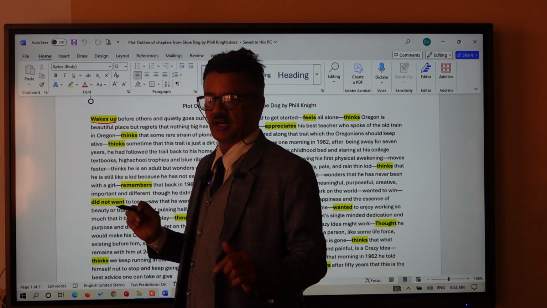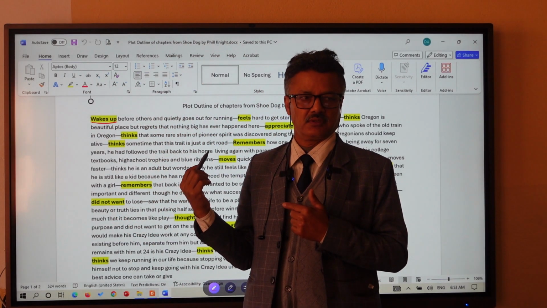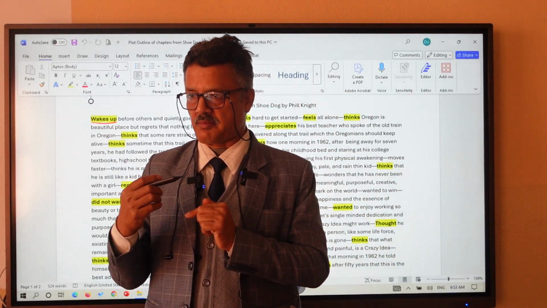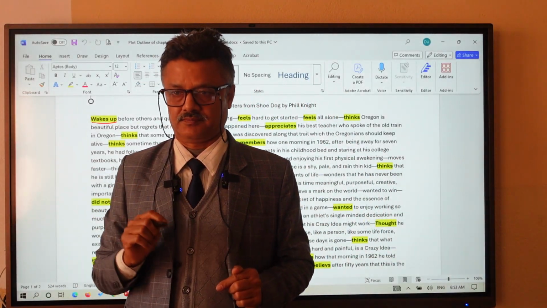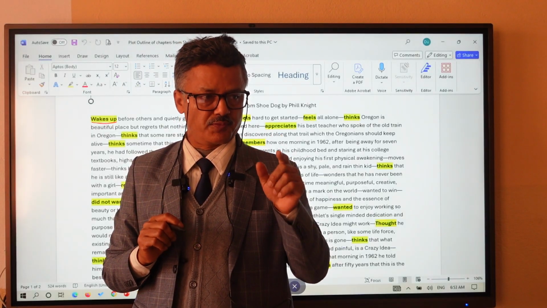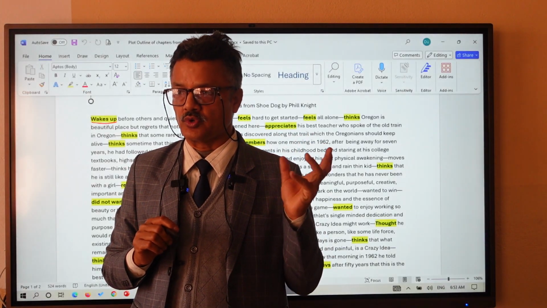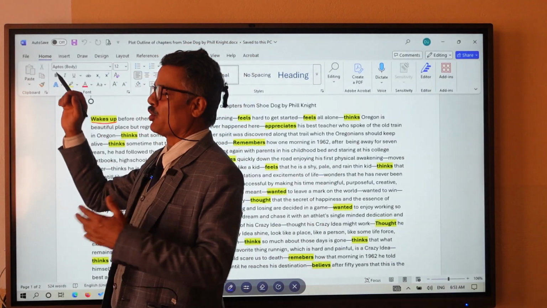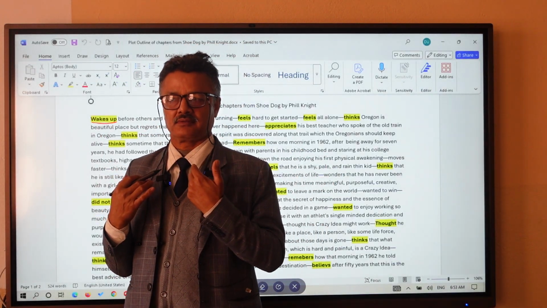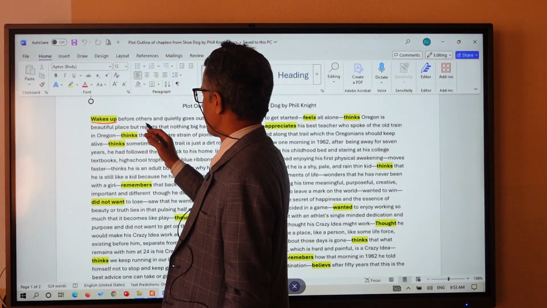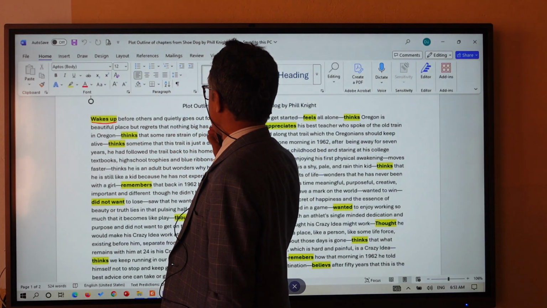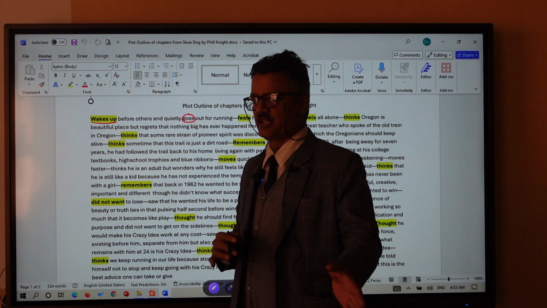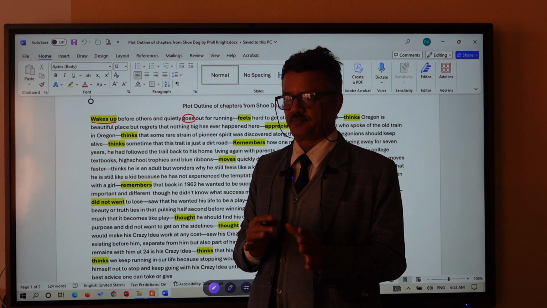I chose the verb and noted it down. So plot means summarizing the actions. Your focus should be on the verbs, action verbs. Who is doing what? I didn't write the narrator wakes up because I understand: wakes up before others and quietly goes out for running. This go is not there in the book, but I just wrote it.